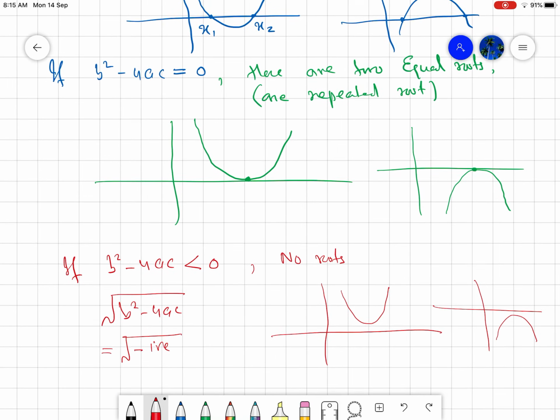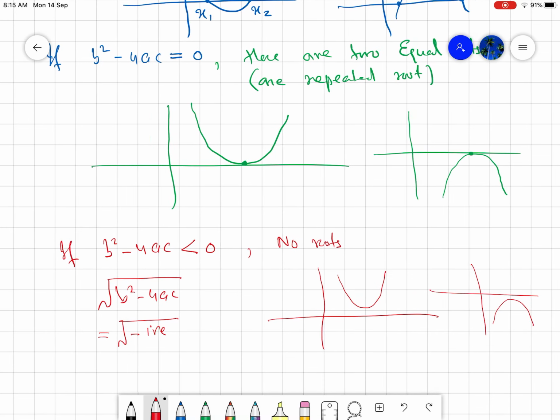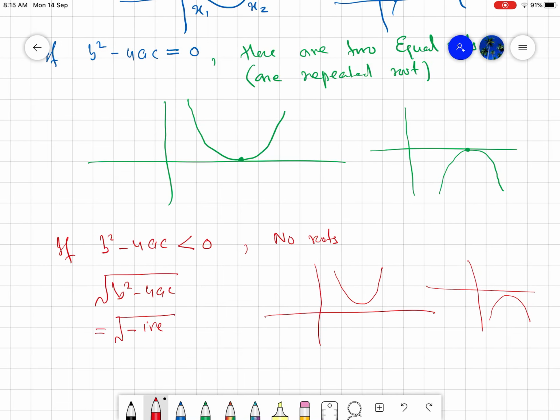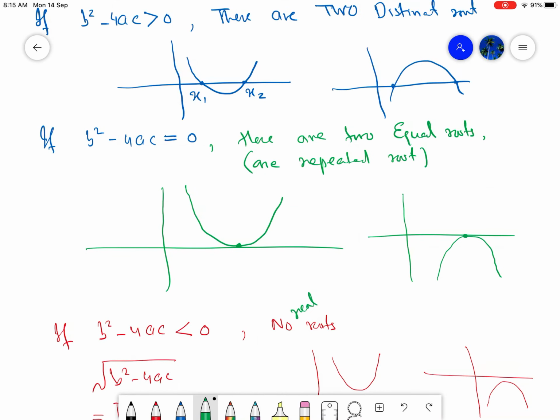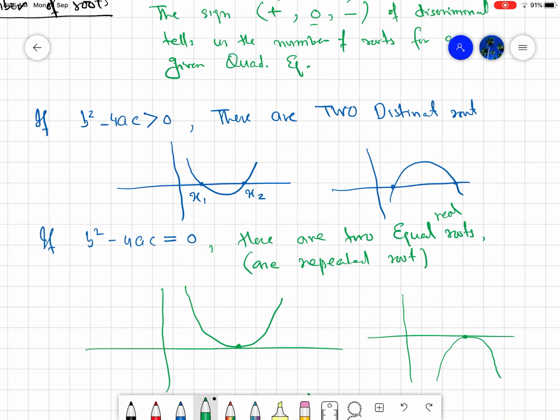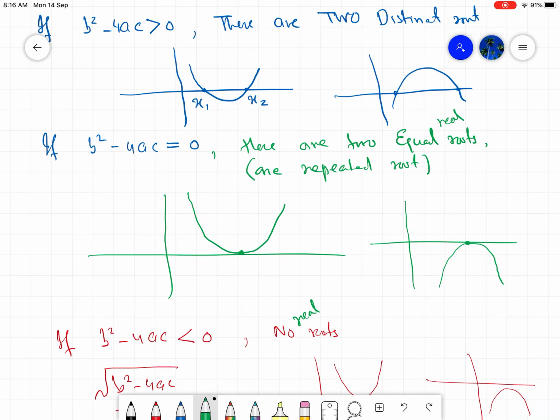At the moment, we are not going to discuss that. But you can see in your book that the word real is used. Here they say no real roots, and there are two equal real roots.